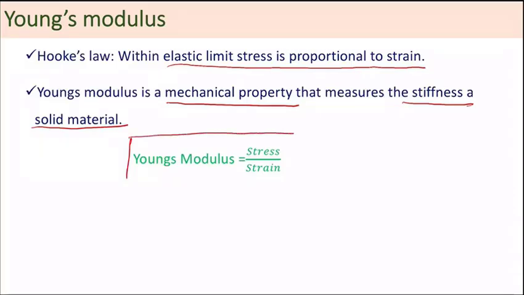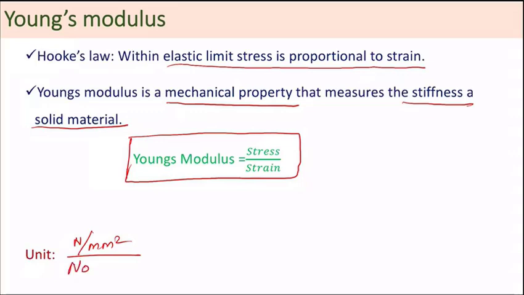Write this: Young's modulus is the ratio between stress and strain. The unit of stress is Newton per millimeter square. The unit of strain is no unit. So the unit is Newton per millimeter square.